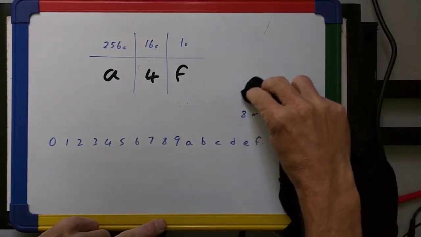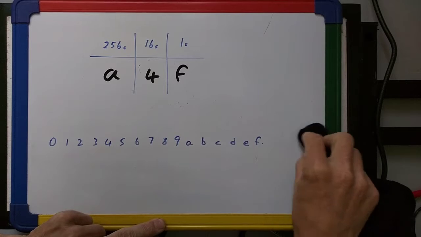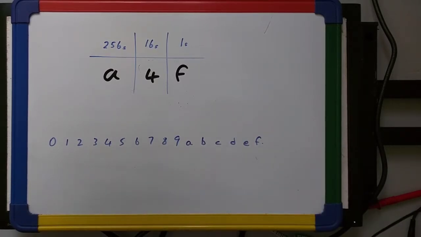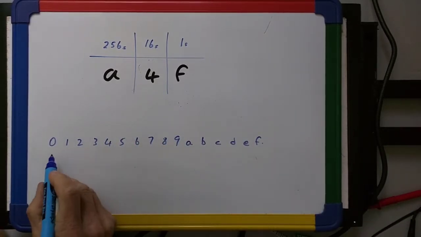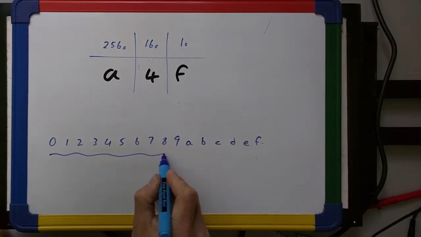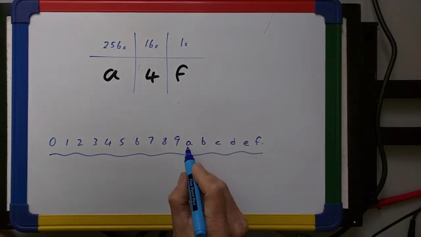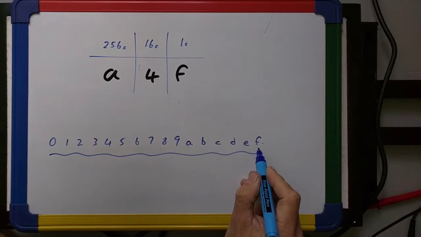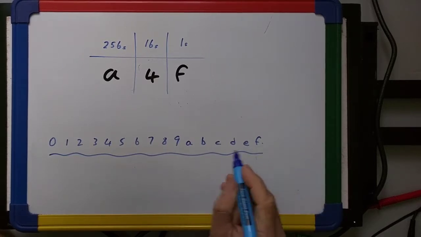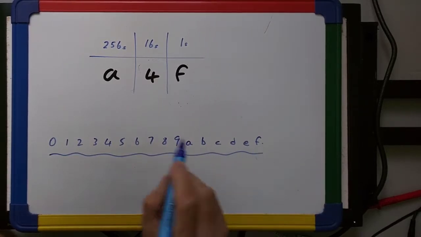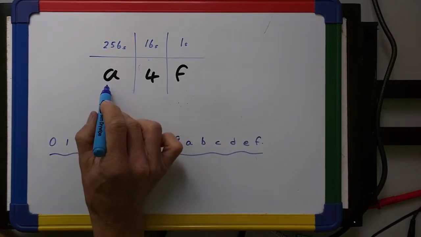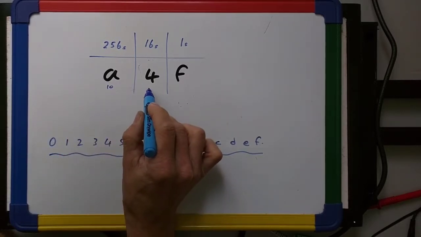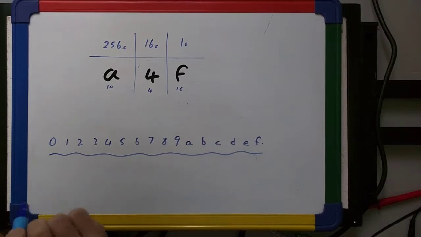We've got some sort of mixture of letters and numbers together as if we're doing some sort of algebra equation, but it's not a case of that. It's simply a case of once you remember these, that the quantities 10, 11, 12, 13, 14, 15 are represented by the letters A, B, C, D, E, F. Then we look at this and we say, that's really a 10, that's a 4, that's really a 15.